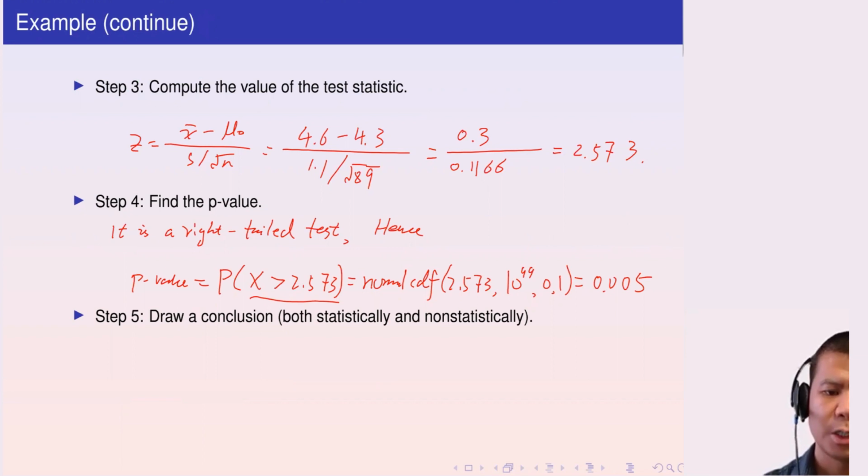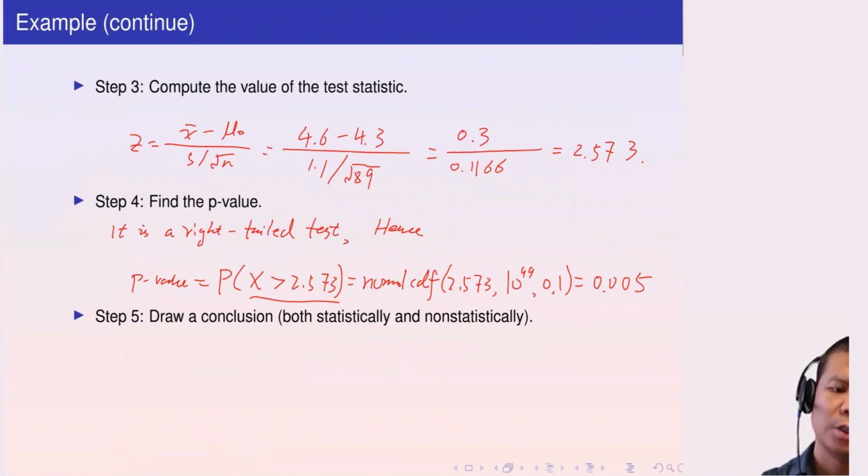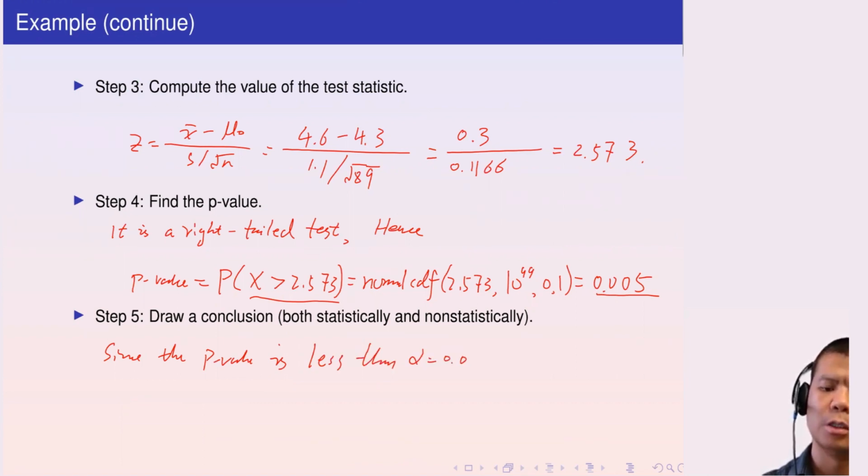Now the alpha value is 0.01. Since the p-value, which is 0.005, is less than alpha equals 0.01, we reject H0 in favor of HA.